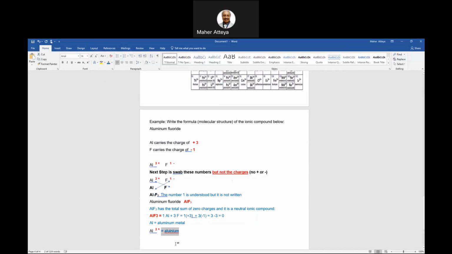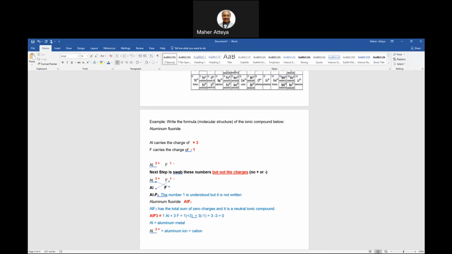Okay, so aluminum ion, also called a cation. So this is a cation. Now we define what we mean by cation.